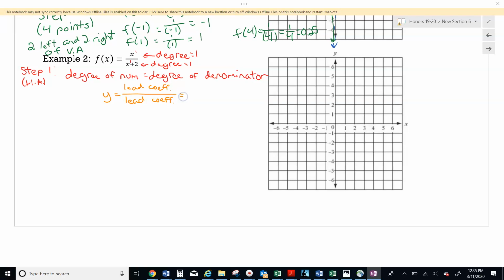My leading coefficient of my numerator, there's just a 1 in front of that x. My leading coefficient of my denominator, again, there's just a 1 in front of that x, and 1 divided by 1 equals 1. So y equals 1 is my horizontal asymptote.